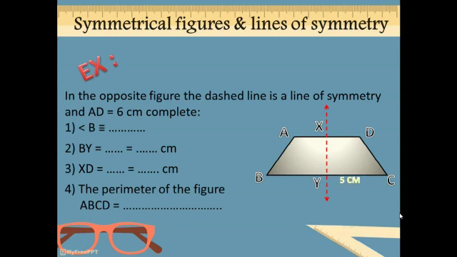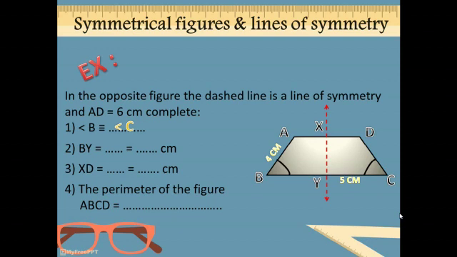Also, YC is equal 5 centimeters and BA is equal 4 centimeters. Complete the following. Number 1. Angle B is congruent to, look at the figure. Where is angle B? It's congruent to angle C.